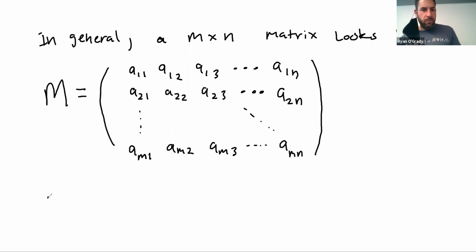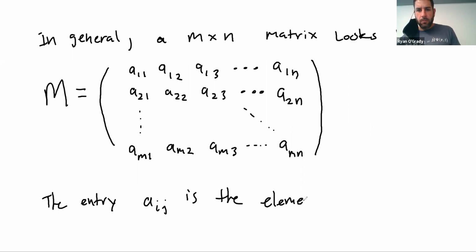So the entry A sub ij is the element in the ith row and jth column.